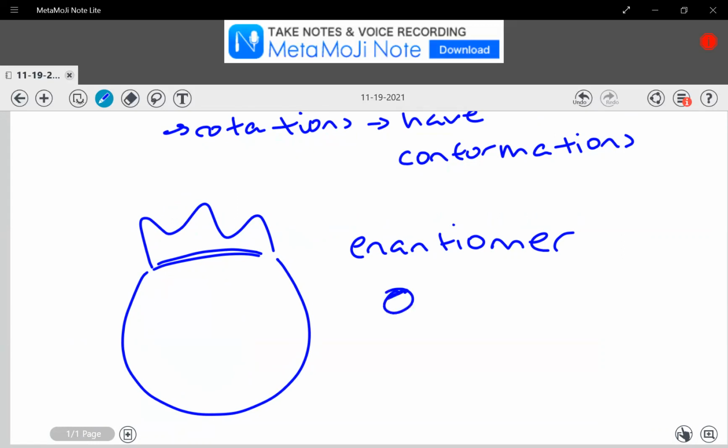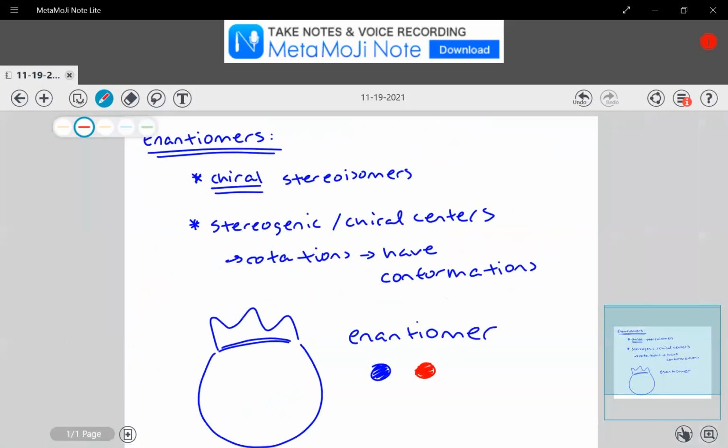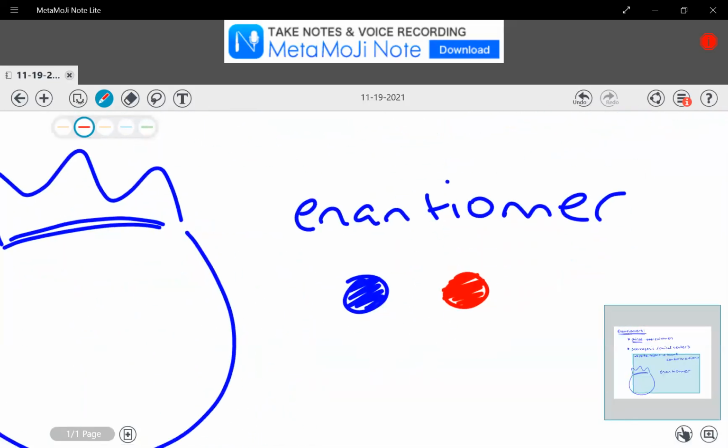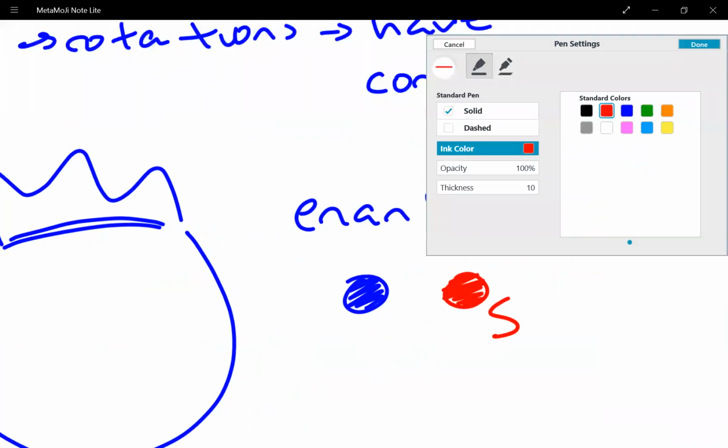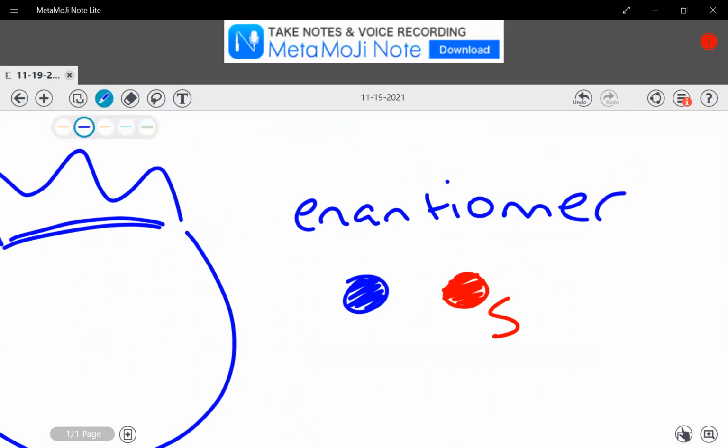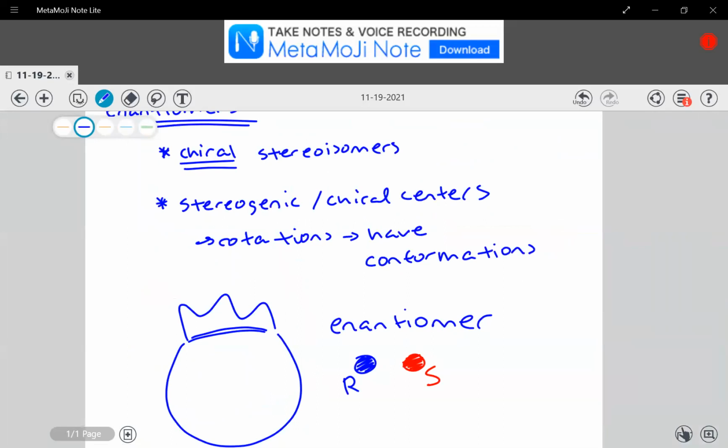You have the blue flavor, and the red flavor. And these two flavors have names. You have the S flavor that comes in red, it stands for strawberry, and the blue flavor that stands for blueberry. Let's go with raspberry. Raspberries are red.